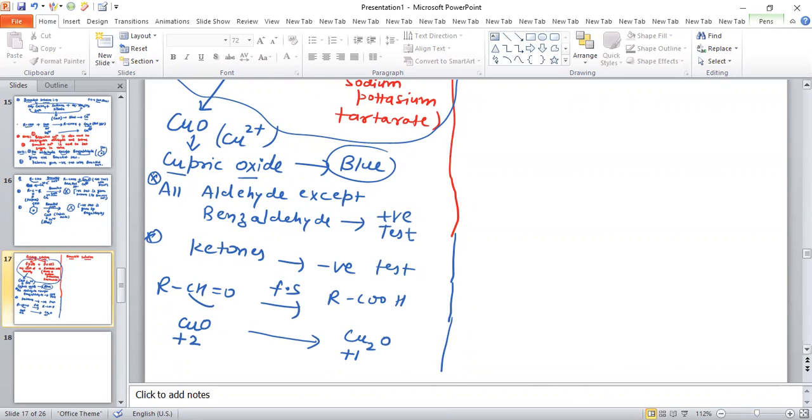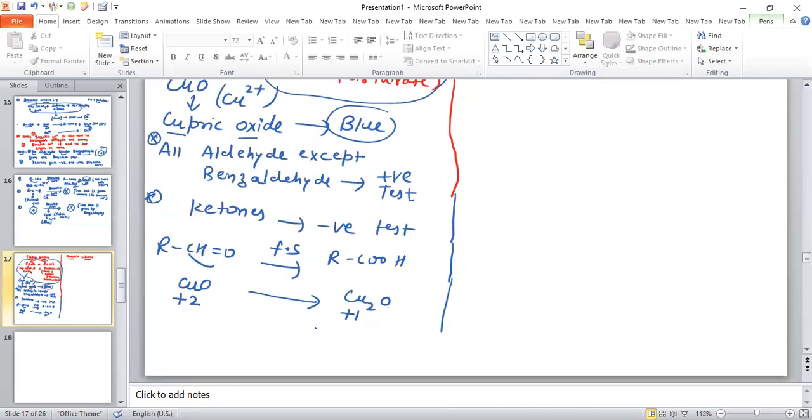Due to this cuprous oxide, the color will become brick red PPT.